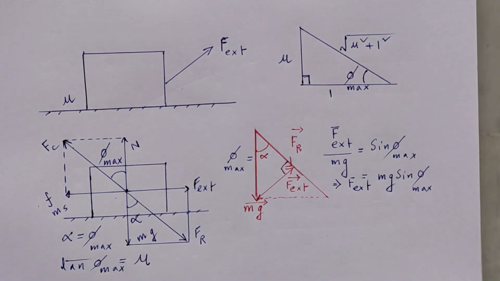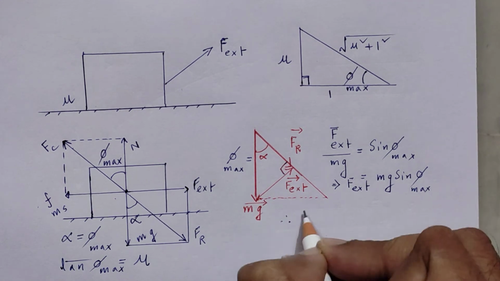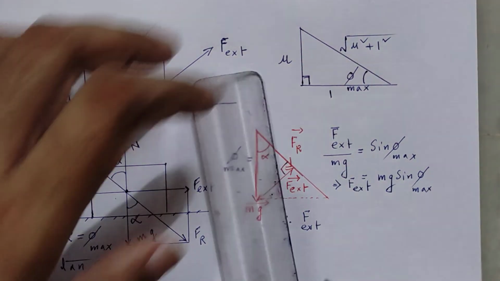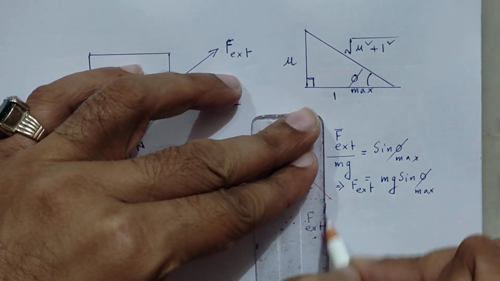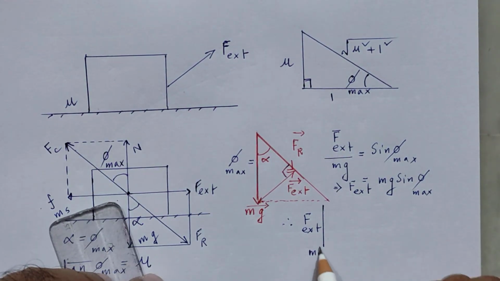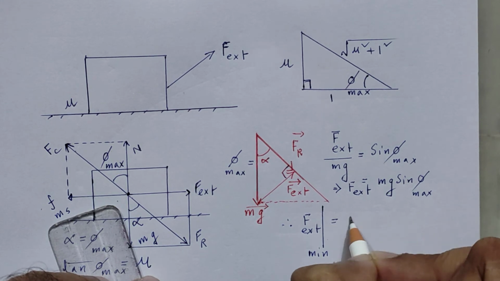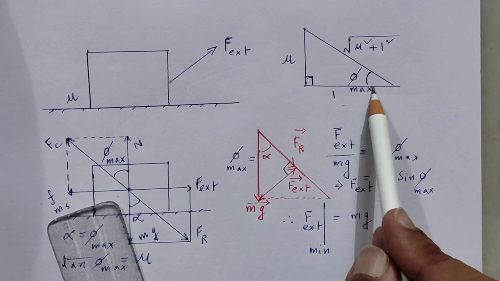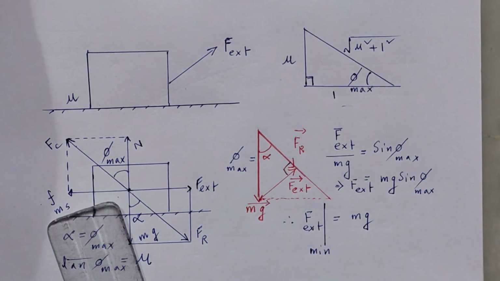So what is the minimum value of F external? F external's minimum value is mg multiplied by sine phi max. And what is sine phi max? Perpendicular by hypotenuse.